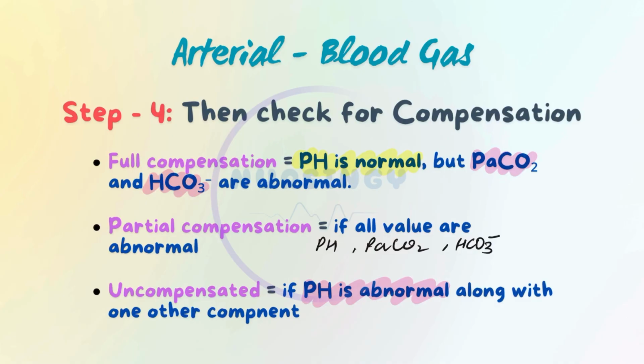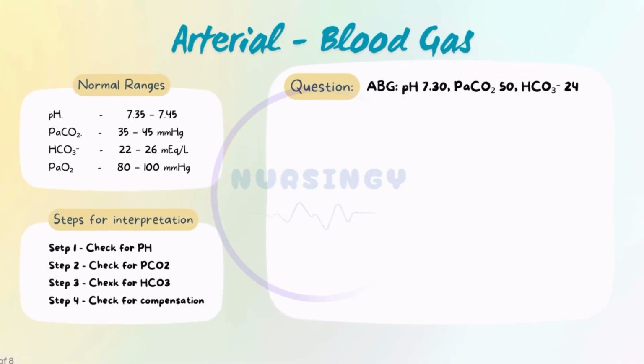It can be either pH plus PaCO₂, or pH plus HCO3. That is how compensation works. We can move to the next example and let's do it together.